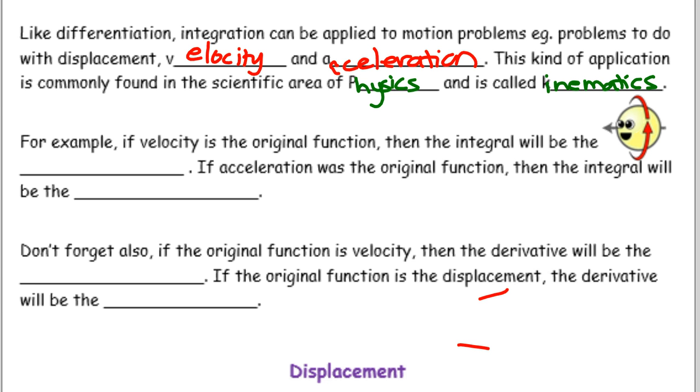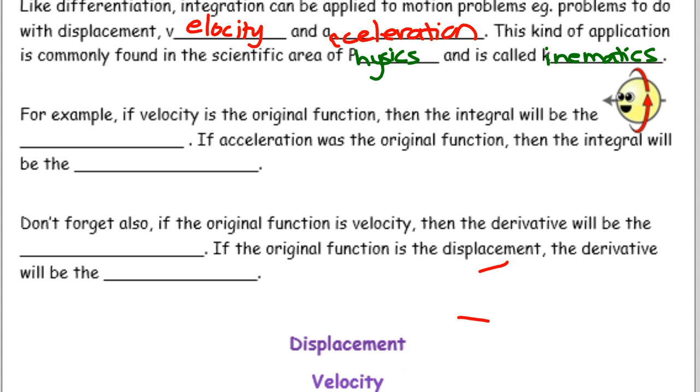Kinetics in chemistry is to do with rates of reactions, like increasing rates of reaction using catalysts, and calculating the rate of reaction. But kinematics, you are right.